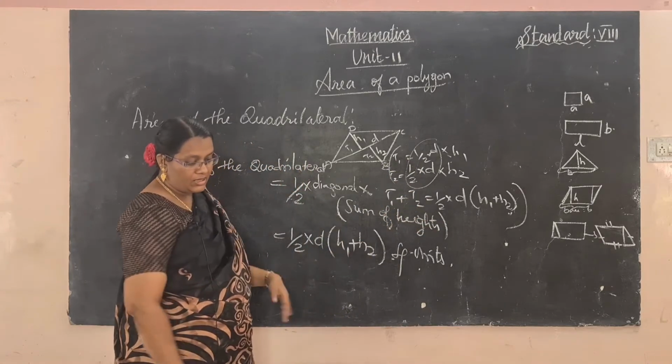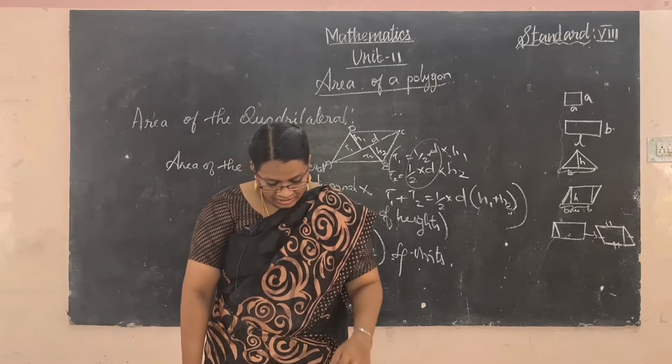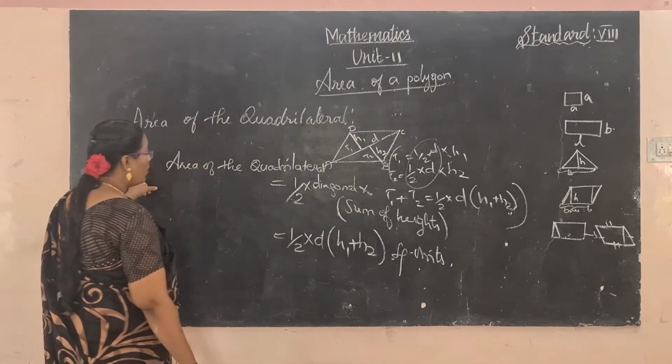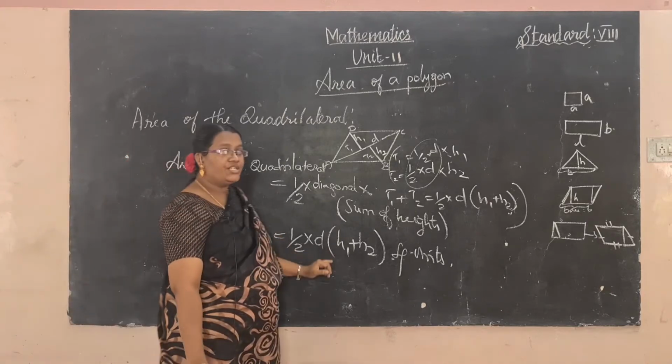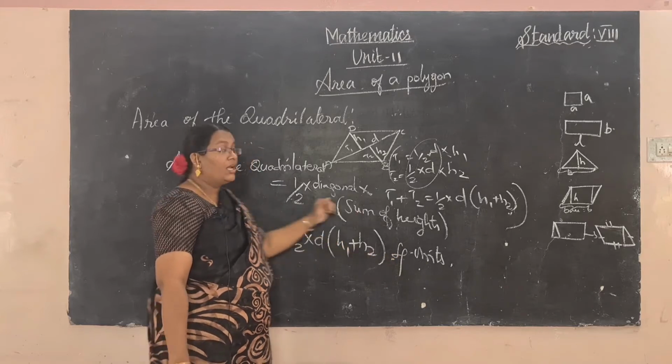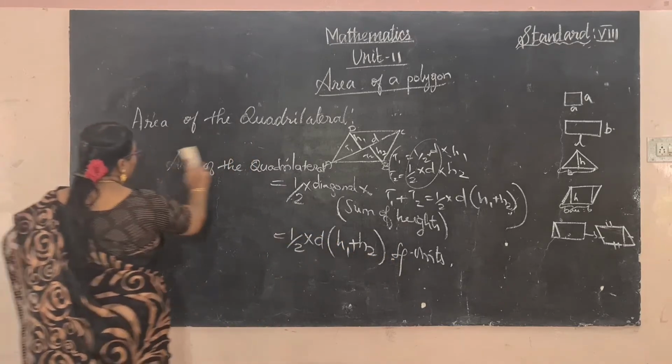Okay, that's it. This is the area of the quadrilateral. What is the formula? Half into D into H1 plus H2 square unit. Next, move to the area of the rhombus.